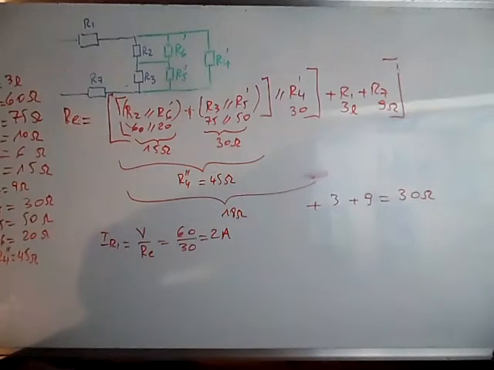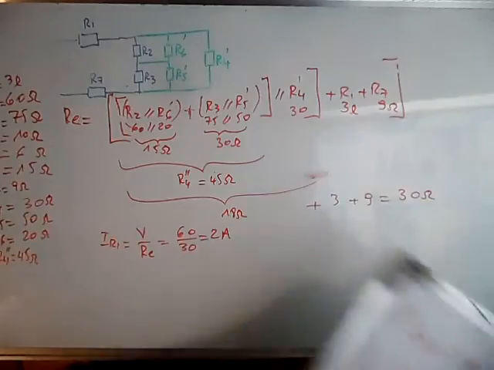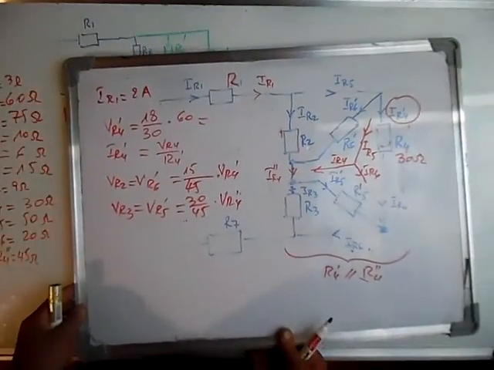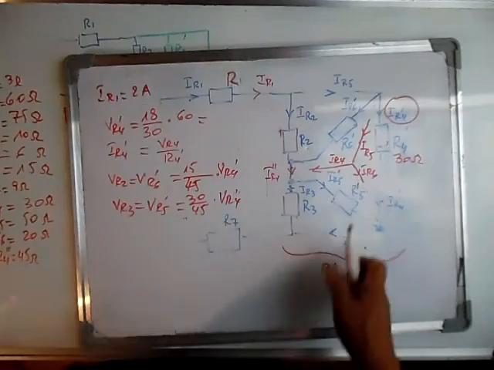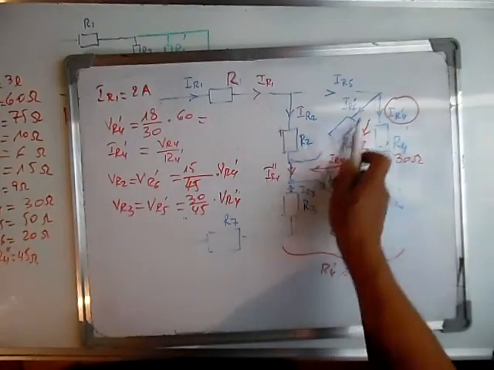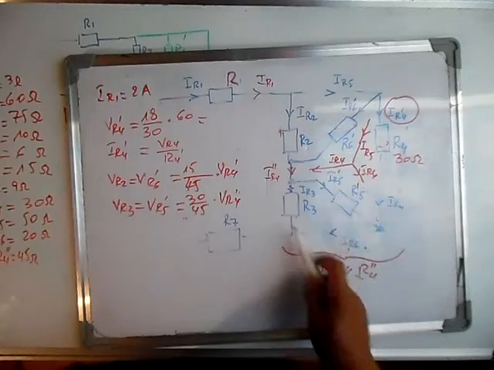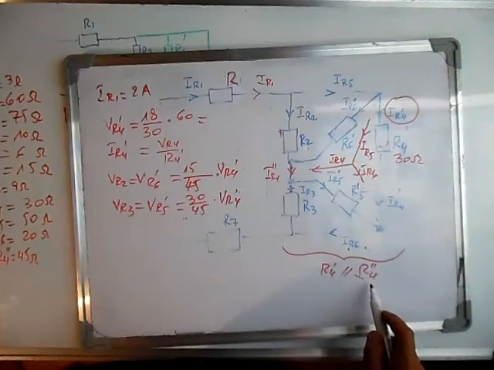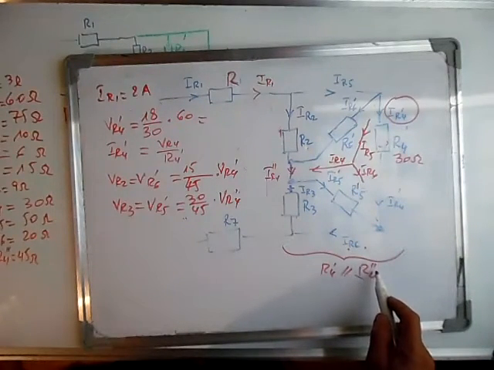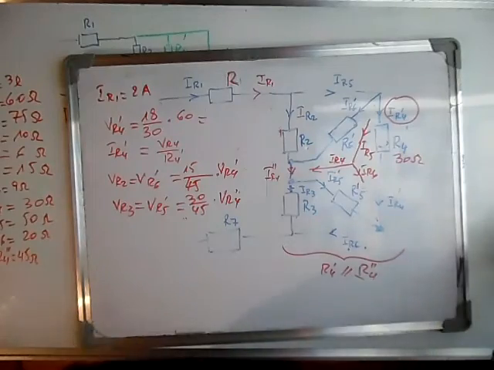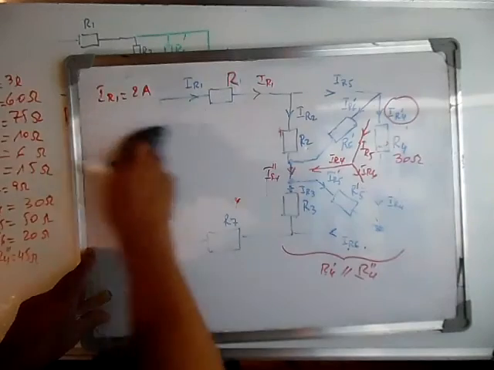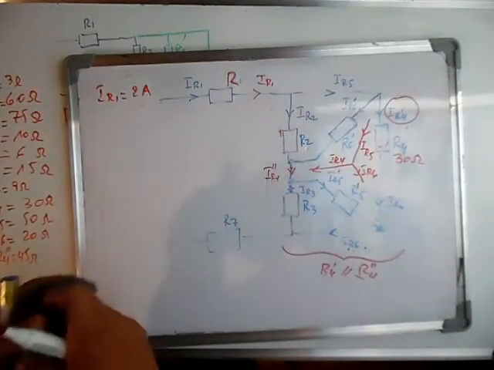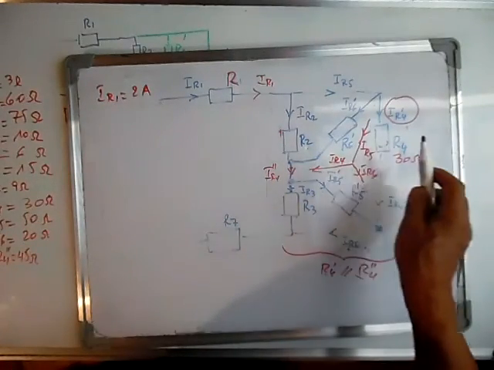Now we go and try to calculate the other currents. Here we are going to use a current divider. I will explain these four resistances. I call them R4 second, and here I will use the current divider. I will give you the equations. I think you remember.